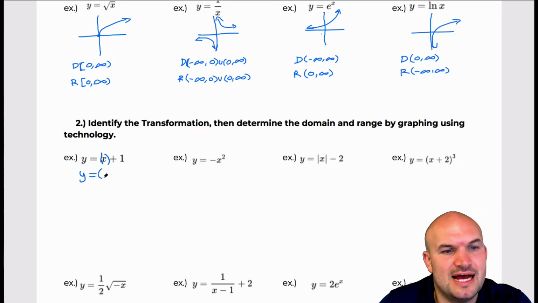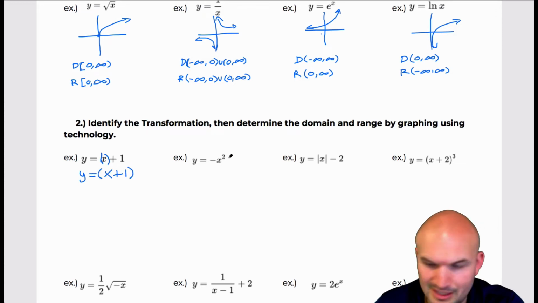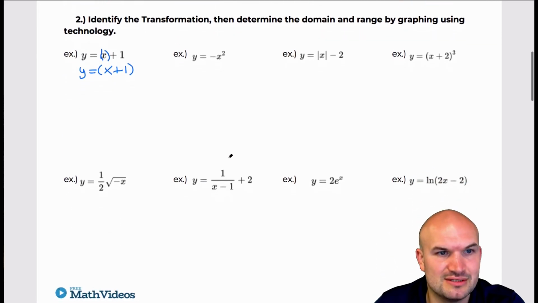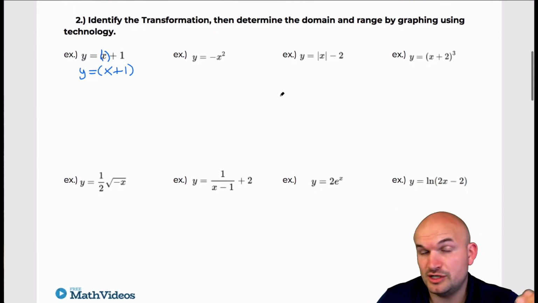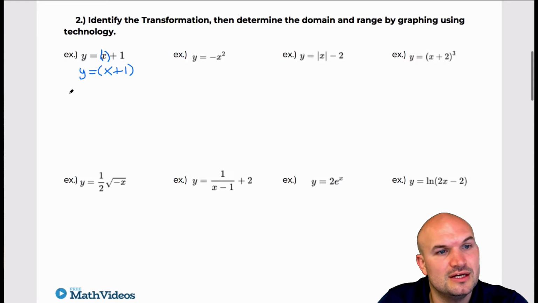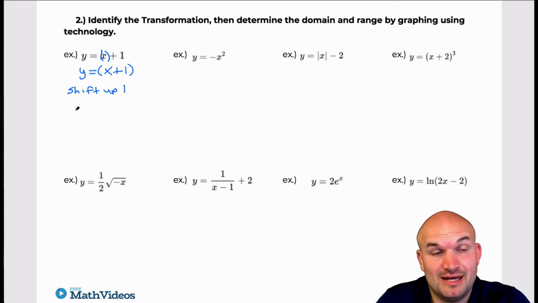y equals absolute value of x plus 1. Put the whole thing in parentheses, but I don't want to get too crazy with this. Let's just go with shifting up 1. You could also use shifting left 1. So I'll just write shift up 1. However, my domain and range is going to be the same. So we'll say domain from negative infinity to infinity.